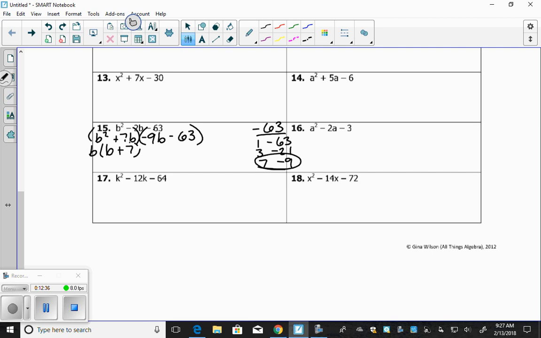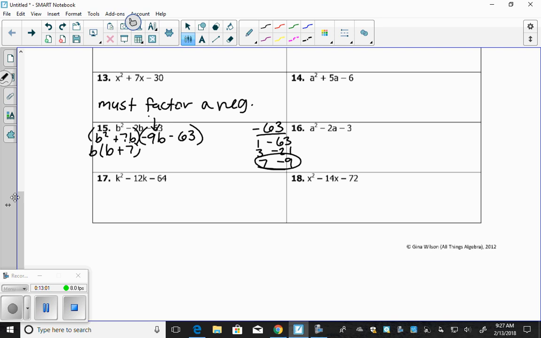If that number is negative, you must factor out the negative. So instead of just pulling out a 9, you're going to pull out a negative 9. Okay?